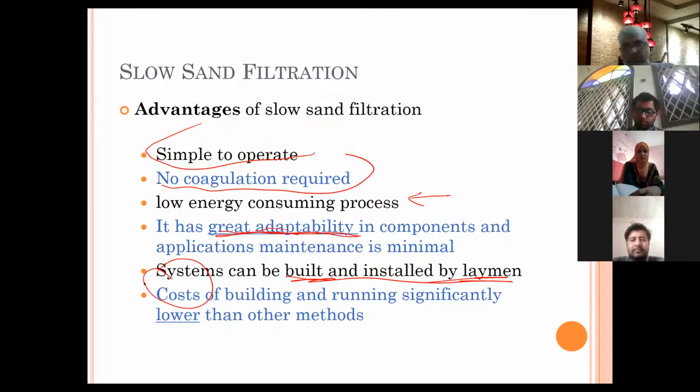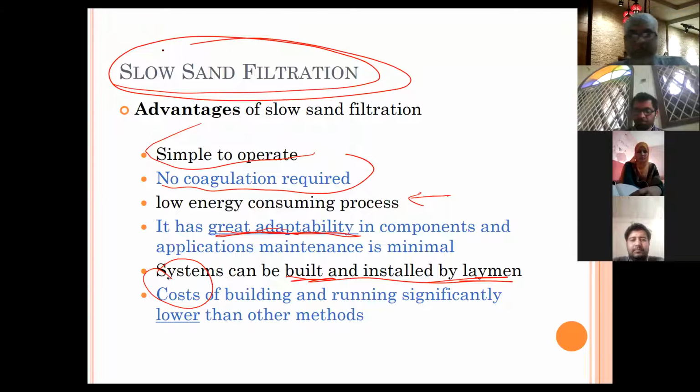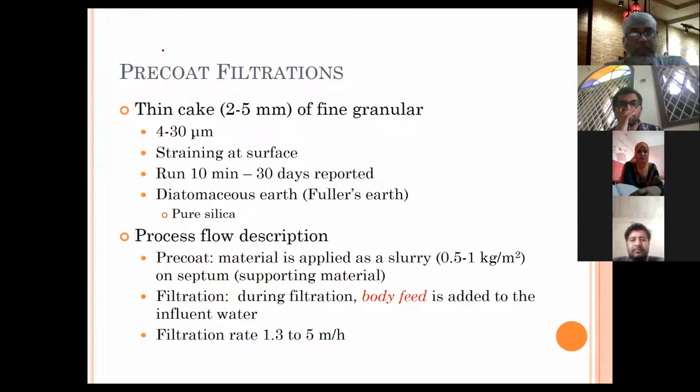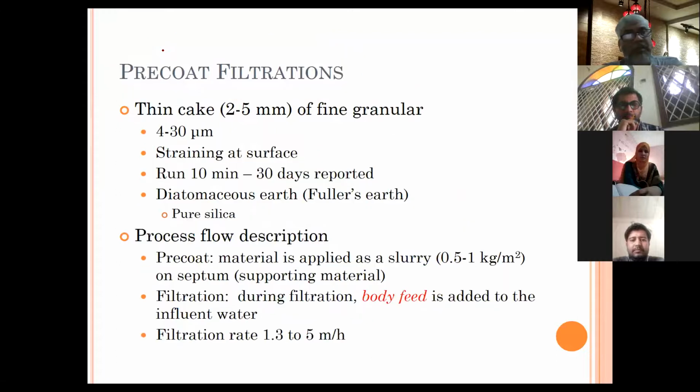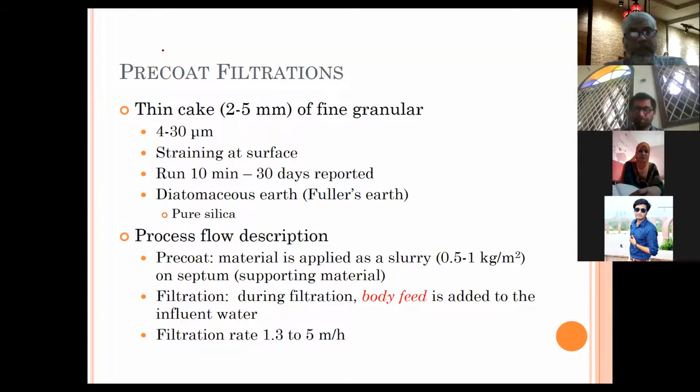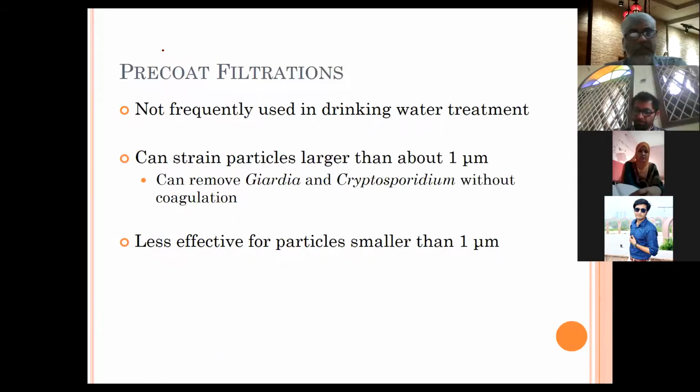In many rural areas, the slow sand filter is more common because it is easy to construct, operate, and maintain, and costs less than the rapid sand filter, which is a bit expensive. I will come back to that. We also discussed pre-coat filtration, which is not that relevant for water treatment, so I skip it now.